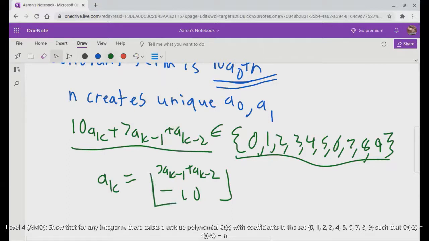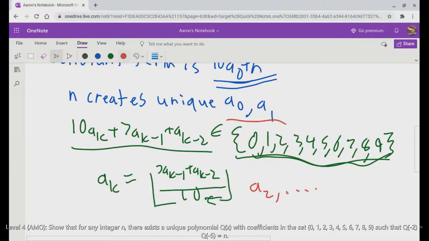The reason for this is just because these are numbers from 0 to 9, so they can't really affect the value mod 10. Dividing by 10 and taking the floor will just give the same result. Since we already know that a0 and a1 can be uniquely chosen for a specific n, that means that a2 and so on can also be uniquely chosen.